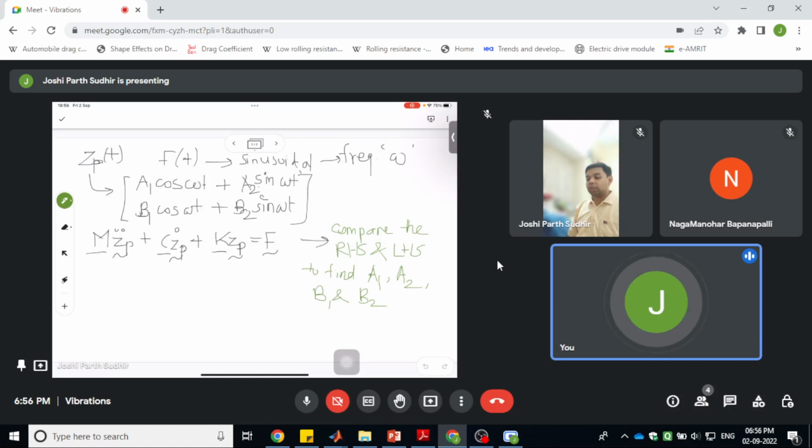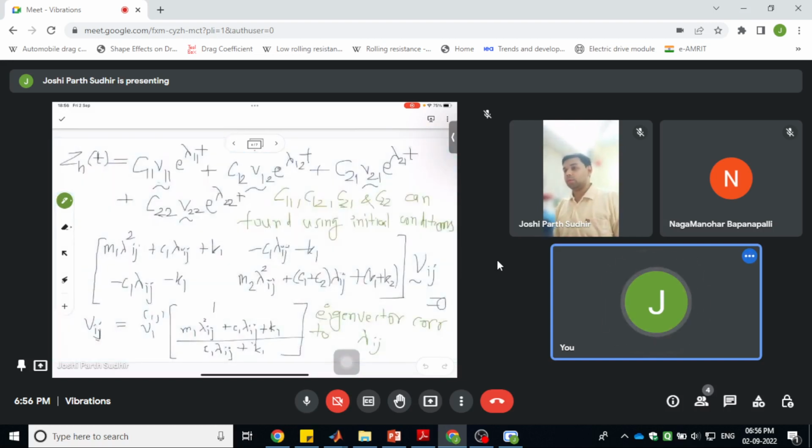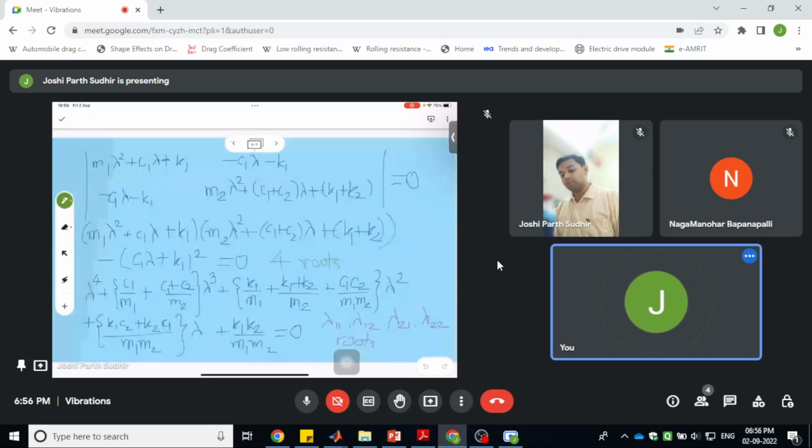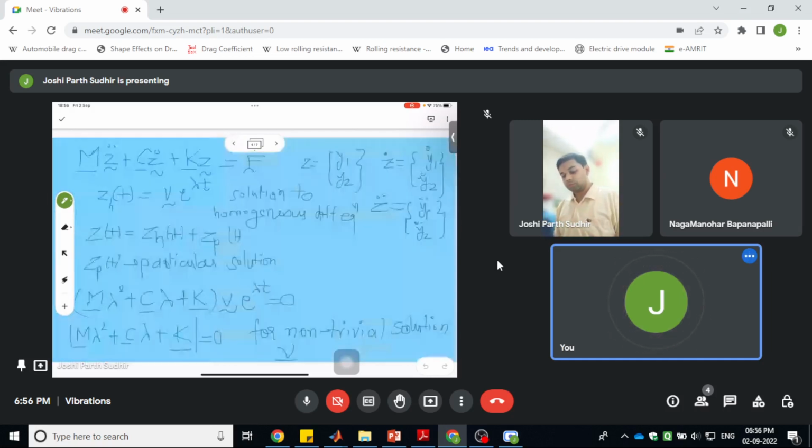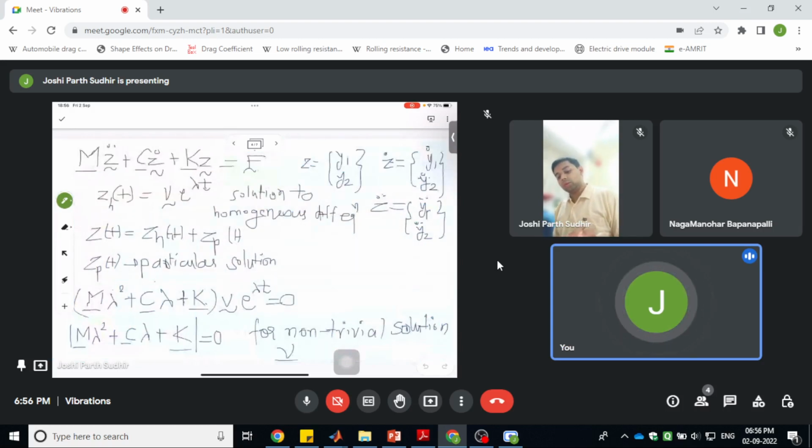Generally these equations are difficult to solve by hand. Just by adding one more degree of freedom, the algebra becomes fairly complicated. Even just to find the homogeneous solution and the particular solution, the algebra becomes quite complicated.